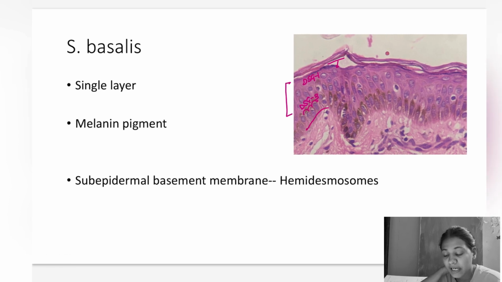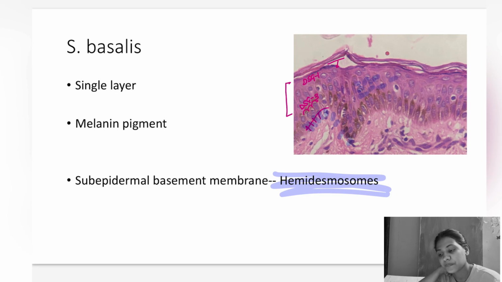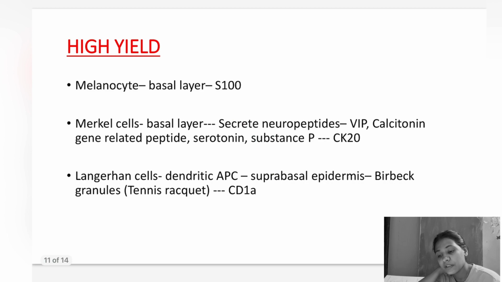It contains melanin, and it is attached to the subepidermal basement membrane via hemidesmosomes. Their importance will come in the further classes. So the basal layer is attached to the subepidermal basement membrane by hemidesmosomes, and the keratinocytes are attached by intercellular bridges, which are desmosomes.